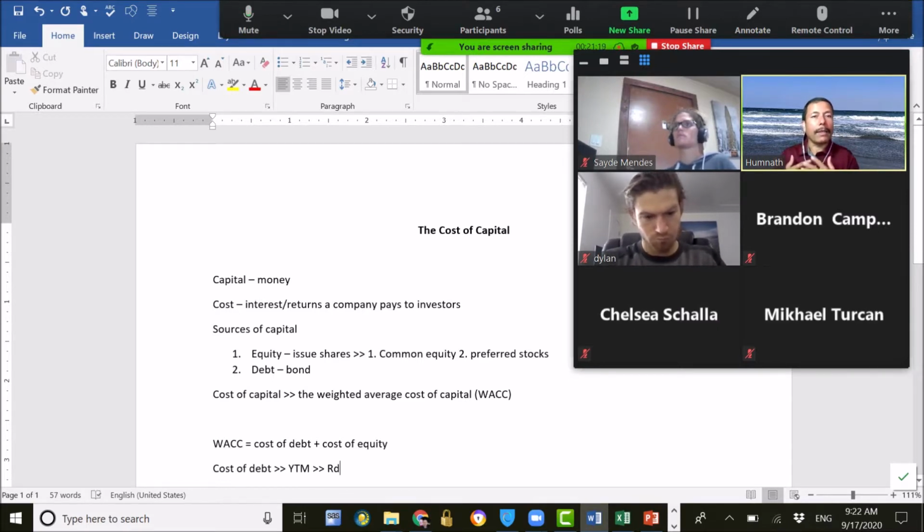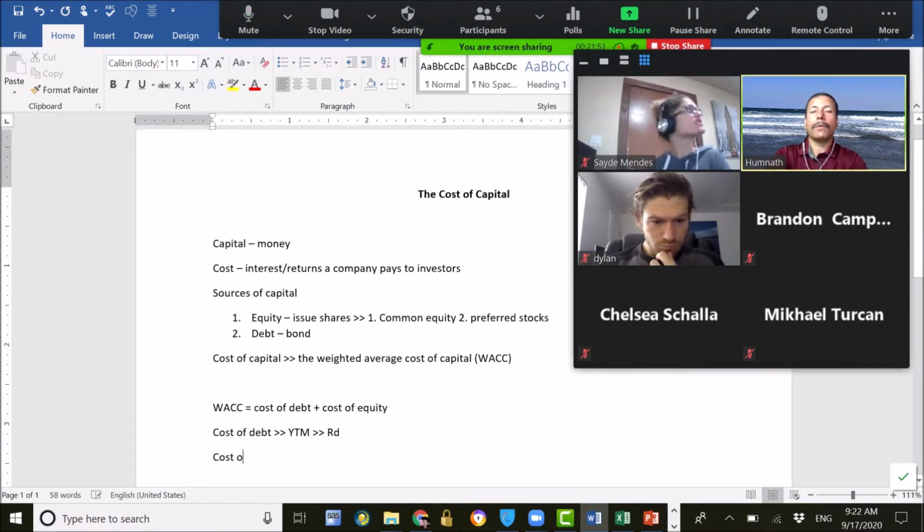If my required rate of return on a debt instrument is 10%, for example, then a company has to pay me 10% to encourage me to buy the debt from Citibank. So the cost of debt for each company is different. So cost of debt is R sub D.